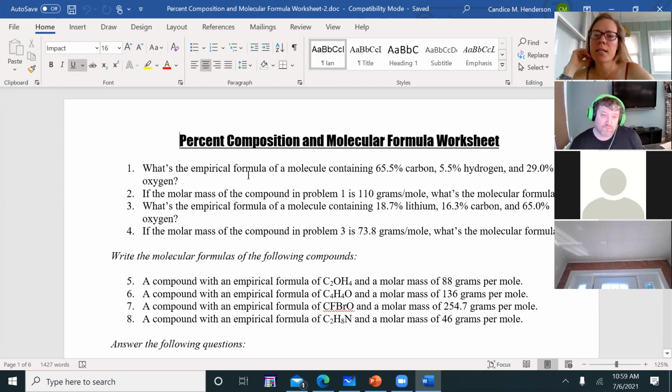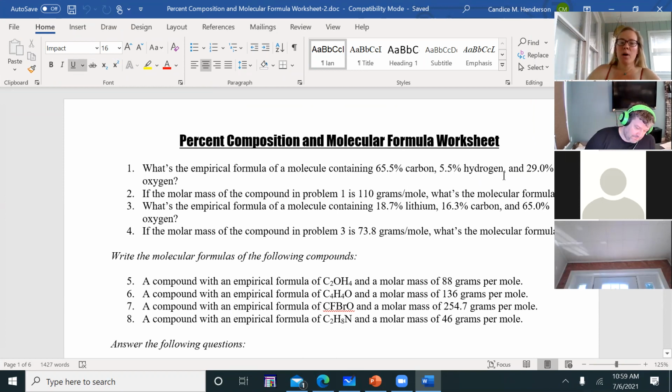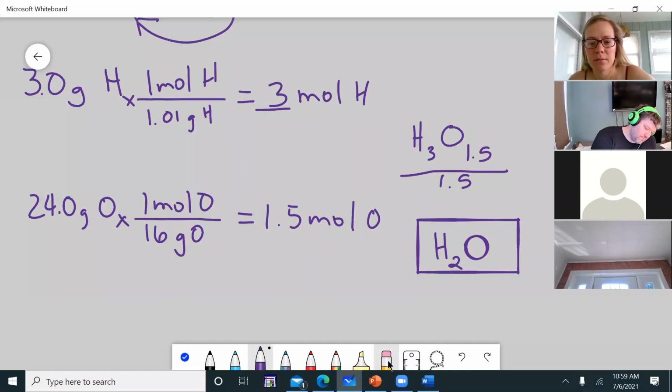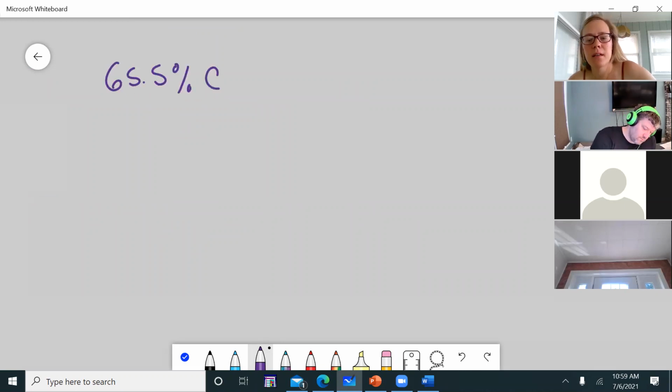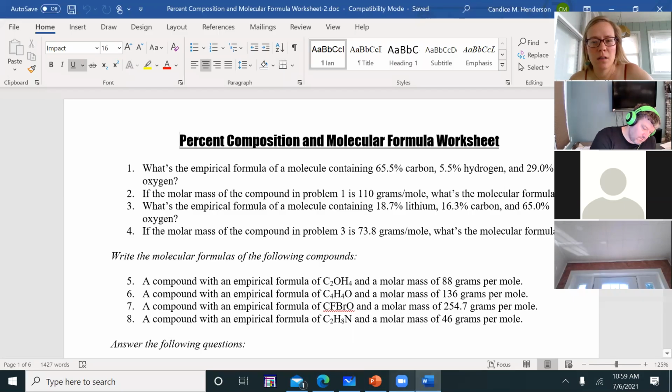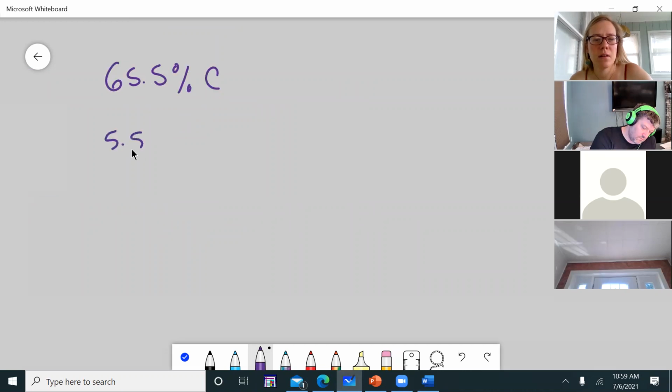So number 1, what is the empirical formula of a molecule that contains 65.5% carbon, 5.5% hydrogen, and 29% oxygen? So let's write all those out. 65.5% carbon, 5.5% hydrogen, and 29% oxygen.